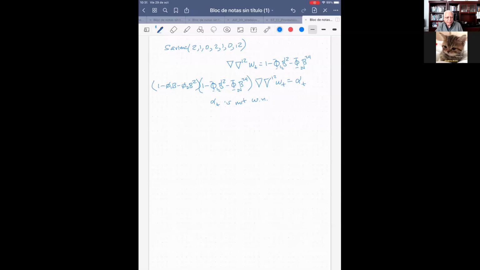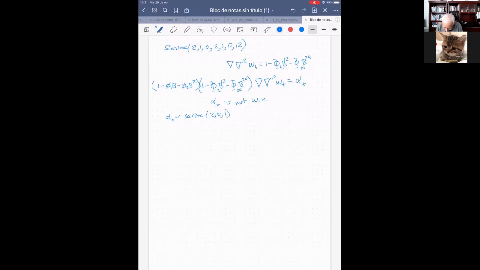The model that we identified for alpha t was SARIMA 201. Okay, alpha t has a model of SARIMA 201. This is actually an ARIMA 201.